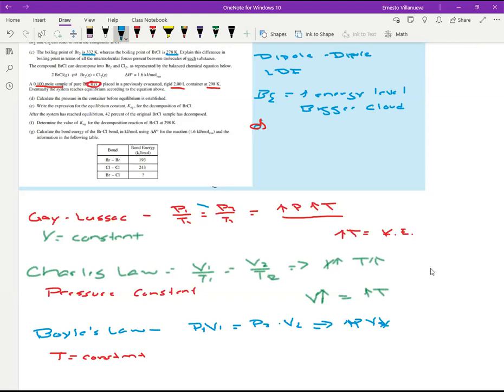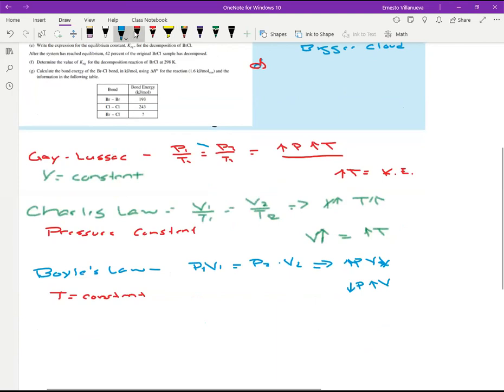Because they have less space, the likelihood of collisions increases. If you have more collisions in a system, you're going to have a higher pressure. So pressure and volume have an inverse relationship. If you decrease pressure, you can do that by increasing volume. So these have an inverse relationship, okay?